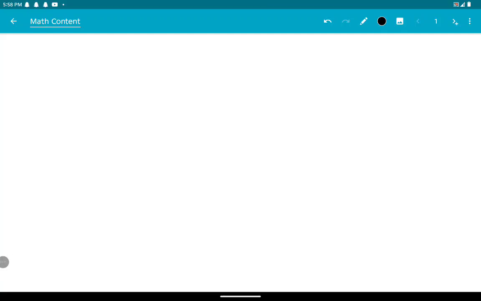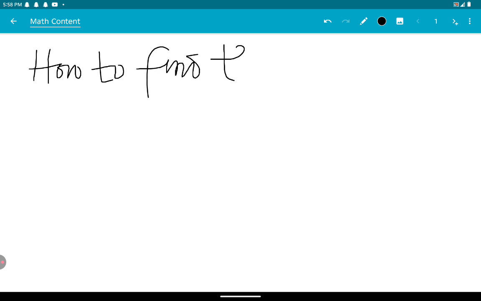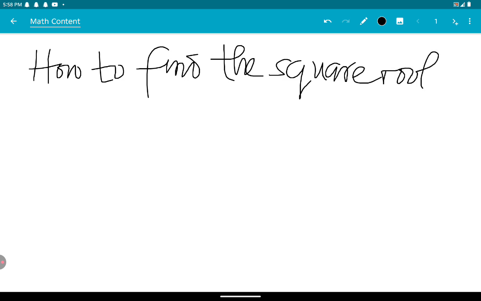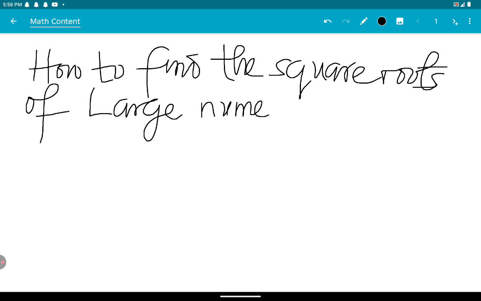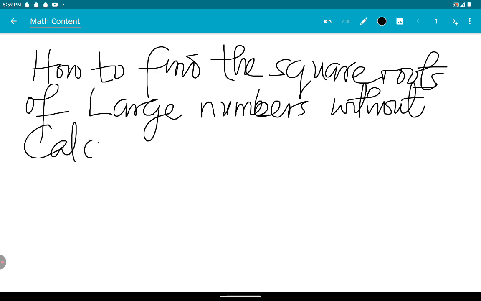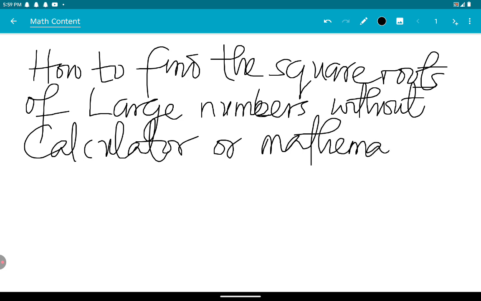All right, quickly, I want to explain how to find the square root of large numbers without a calculator or mathematical table.